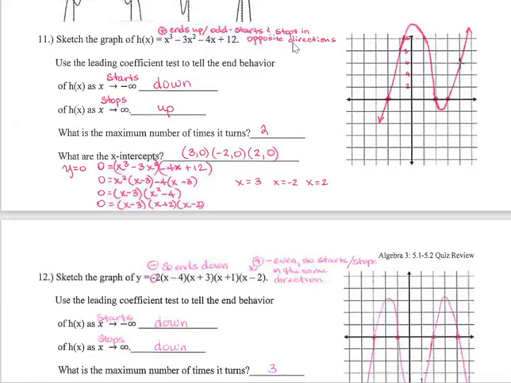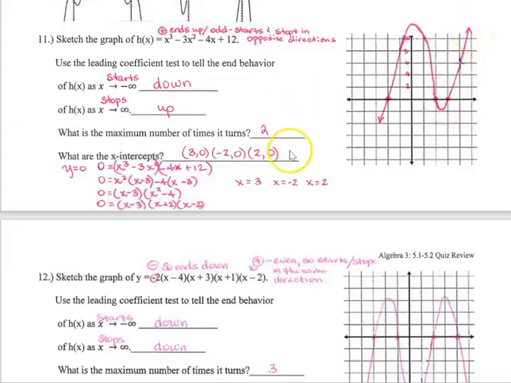If it was even, it would start and stop in the same direction. So we know that it's going to start down and stop up. And again, the maximum number of times it could turn would be 2 because it's always 1 less than its degree. So we know what the shape is going to be: it's going to start down, turn once, turn twice, and stop up, but I don't know where to draw it.